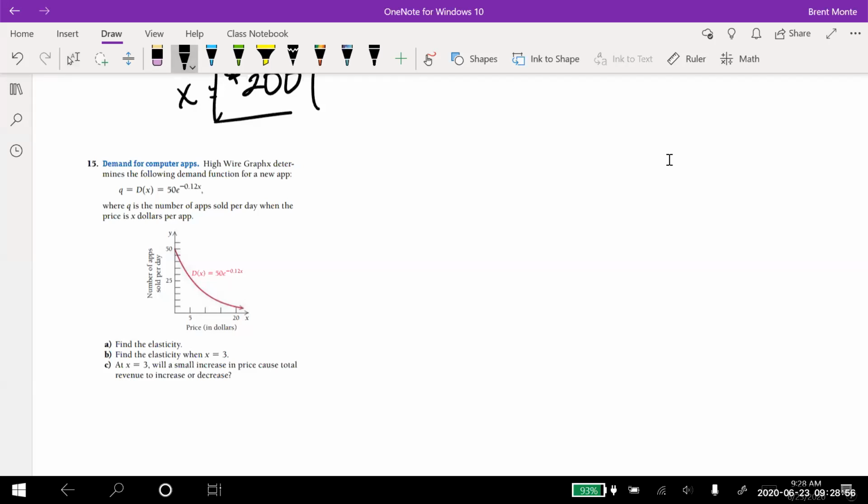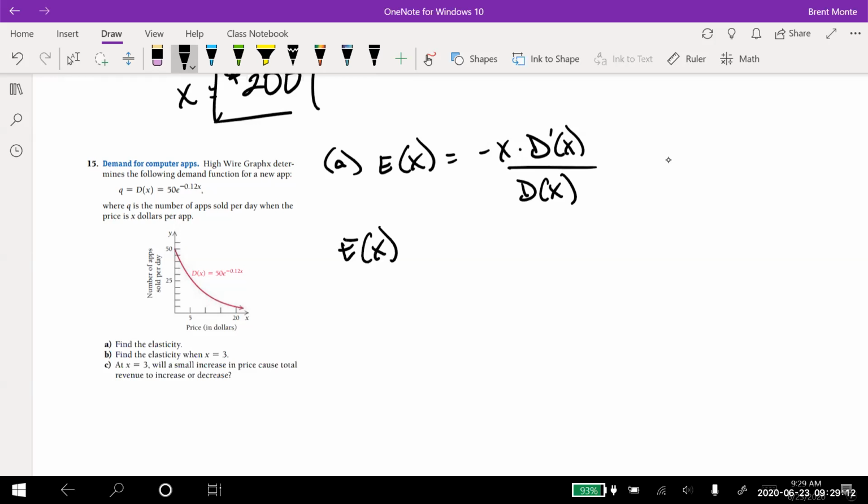So first of all, let's find the elasticity. So E of X, again remember the formula, negative X times D prime of X over D of X. D prime of X, I'm going to get back the entire exponential, but the chain rule says times the derivative of the exponent, which is the negative 0.12.